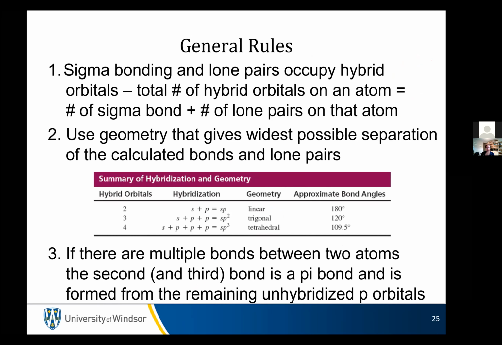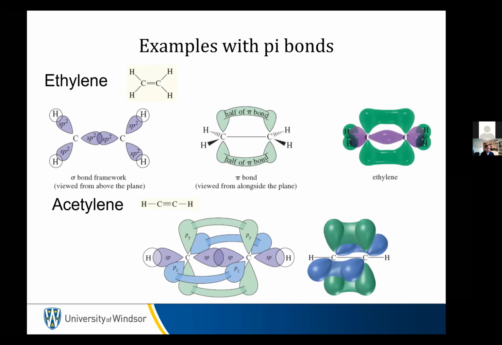And we're going to have some examples of that coming up. They're going to adopt a geometry that gives the widest possible separation. And if there are multiple bonds between 2 atoms, you need pi bonds. And I think next class we're going to start talking about some pi bonds. But we'll move through this quite quickly because we kind of covered it today already.